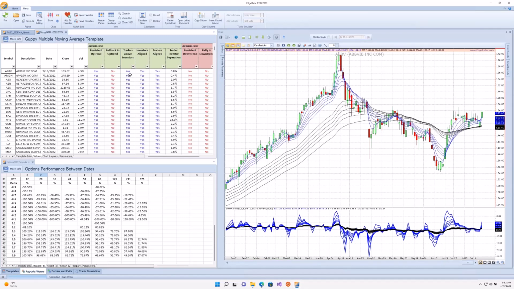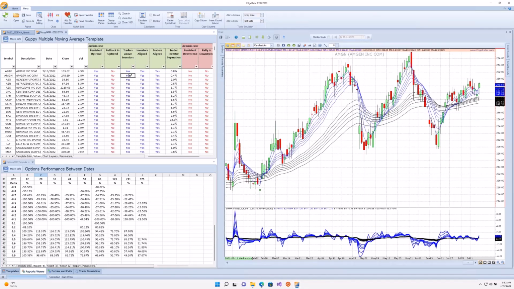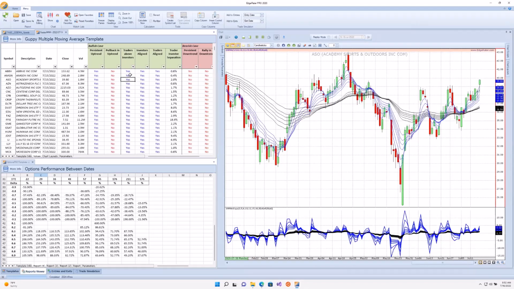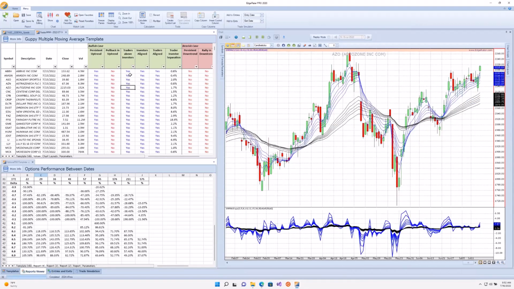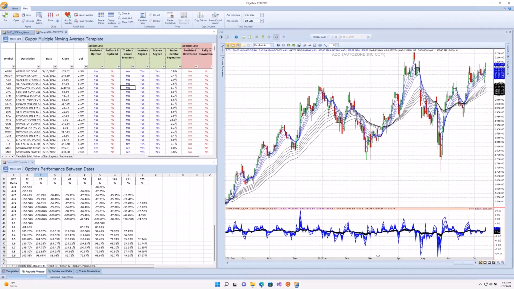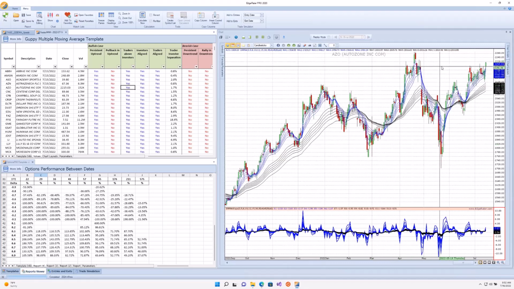We'll go down through this list. Just take a quick scan at some of these. So Amgen, you see ASO, AstraZeneca, AutoZone. AutoZone is very interesting because it really is almost, let me just get a bigger picture of AutoZone. There we go. So that is not following the market at all. It's almost at 52-week highs.